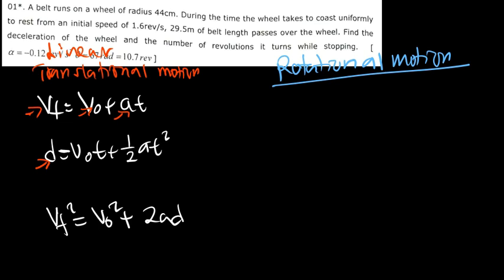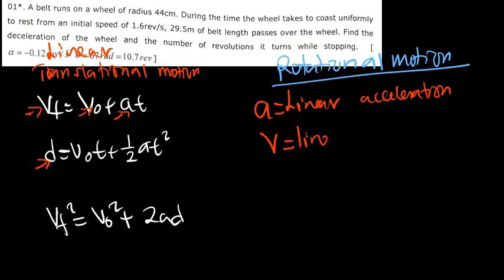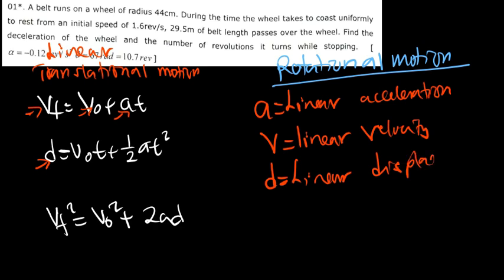Does that make sense? So this a is linear acceleration, v is linear velocity, and d is linear displacement. That is when we're talking about linear motion.